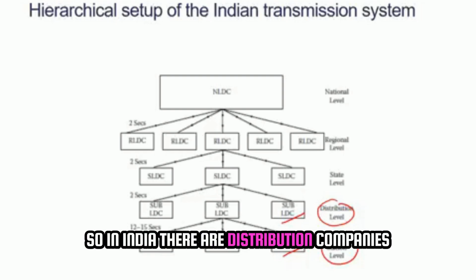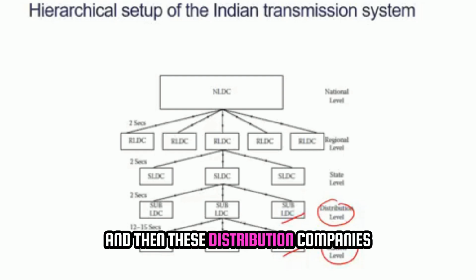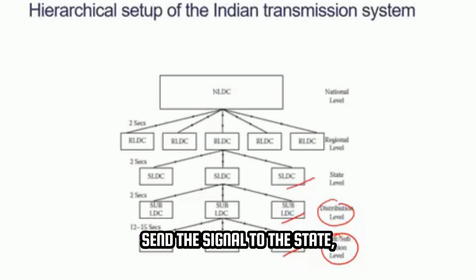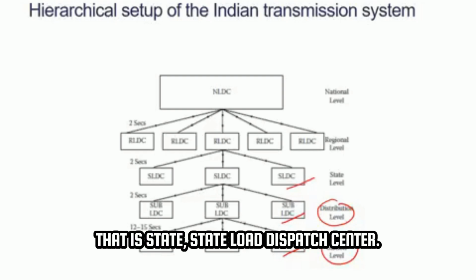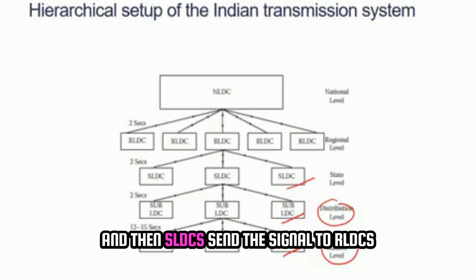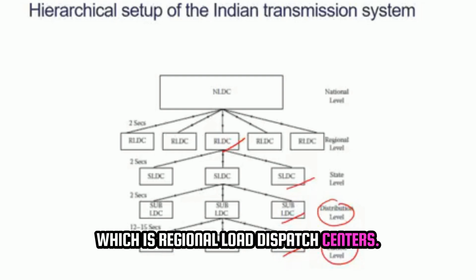In India there are distribution companies, and these send the signal to the state load dispatch centers, and then SLDCs send the signal to RLDCs, the regional load dispatch centers.